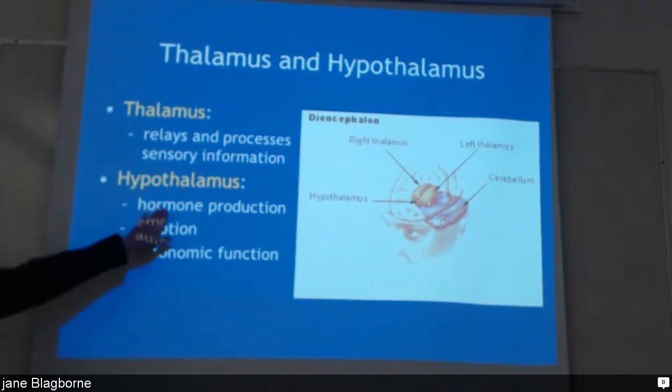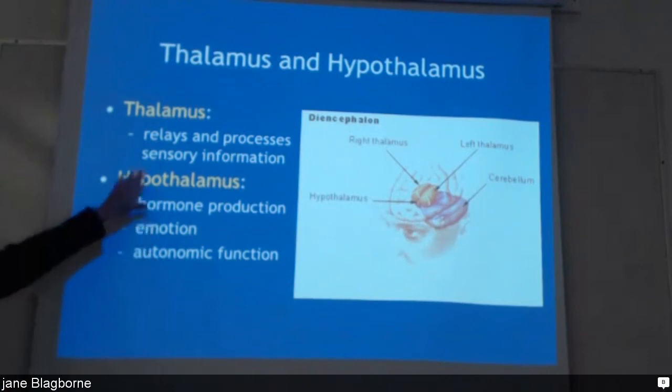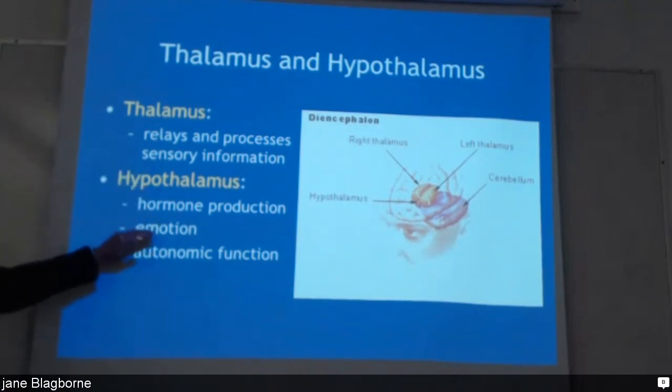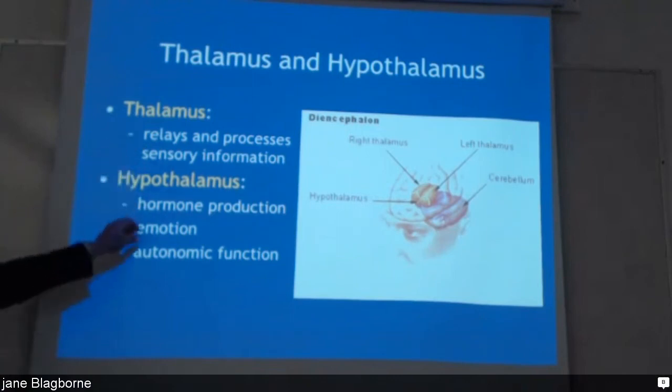When we get into hormones later on in this course, we'll refer back to the hypothalamus again. It's interesting when you think about it, any damage to these areas would affect anything that you do or how you feel, your emotions.